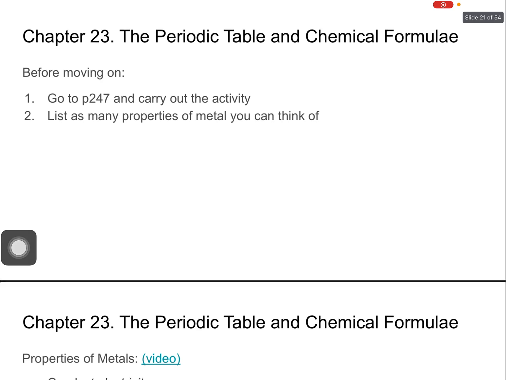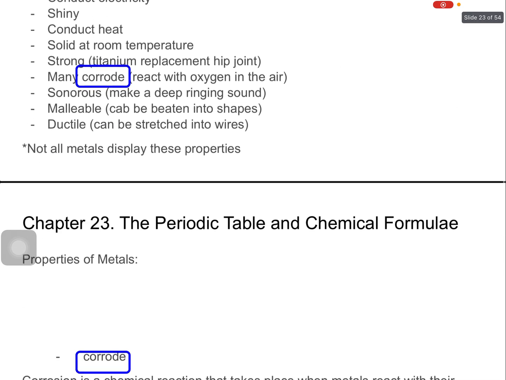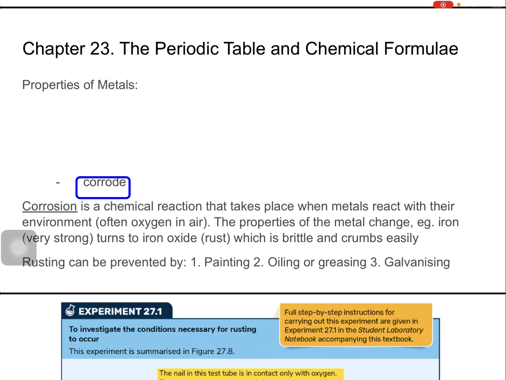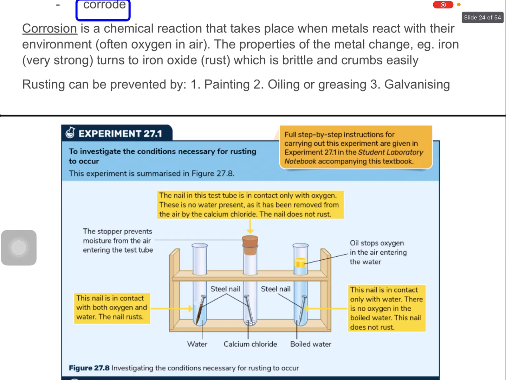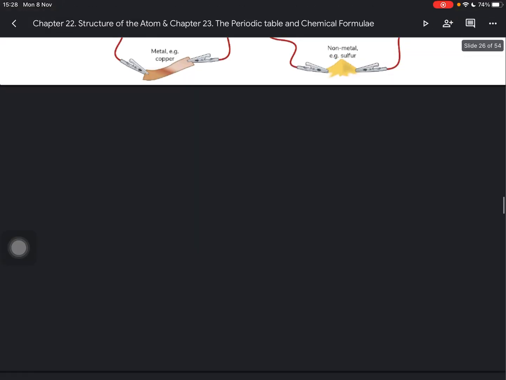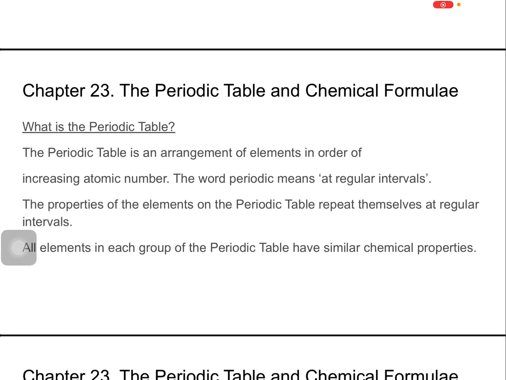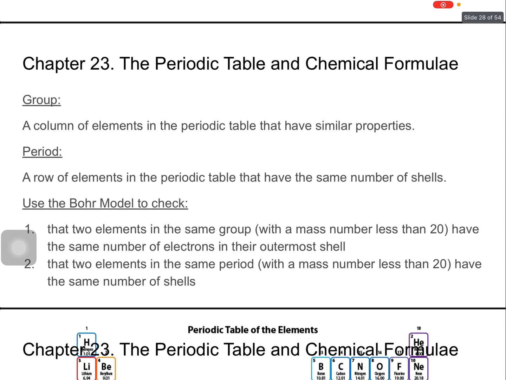Okay, so moving on, we want to look at the ratios when different elements react with each other. So we need to look at how different elements react.